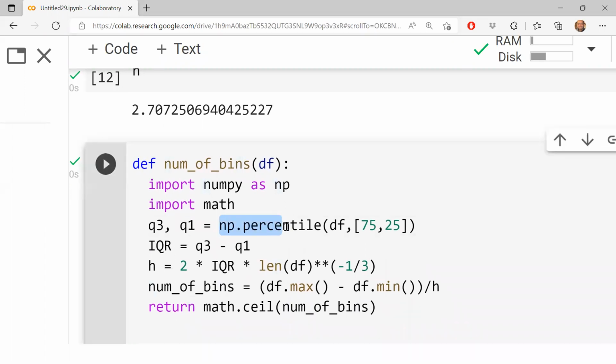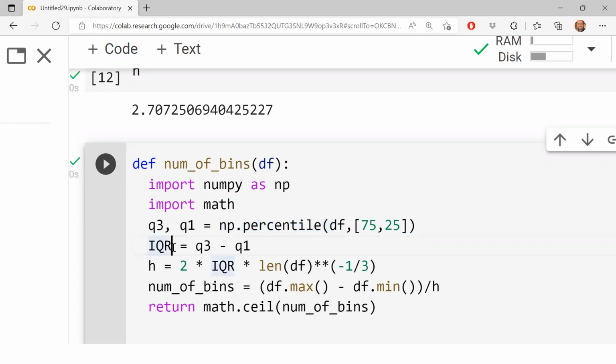NumPy dot percentile, if you remember, and I want the third one and the first one. So I want the 75 and 25, and directly, if you give me a column in a data frame, I'm going to get the Q3 and the Q1 of that column.